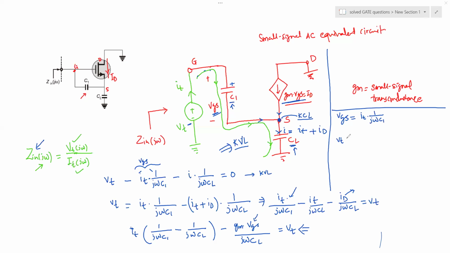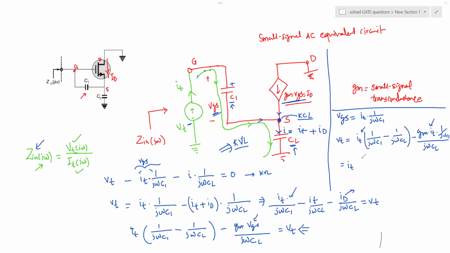With that, we'll again write V of t is equal to I_T in bracket 1 over j omega C1 minus 1 over j omega CL, and minus GM times I_T into 1 over j omega C1 divided by j omega CL. Okay, so this is how it is going. Further solving it, we take the I_T from this term and this term out.